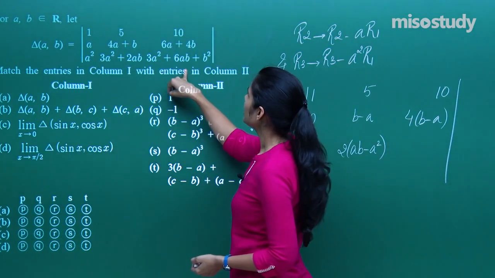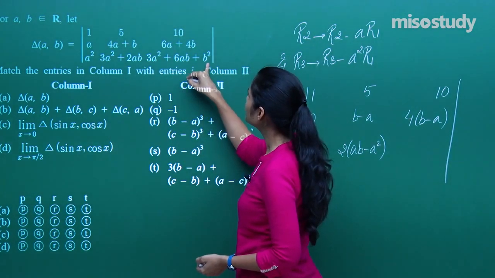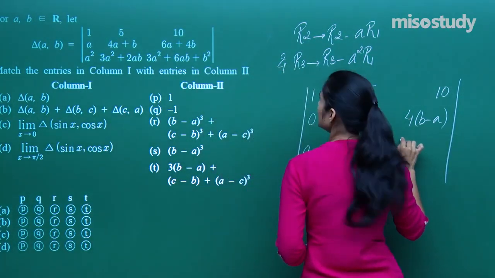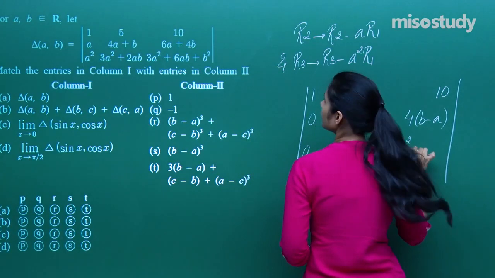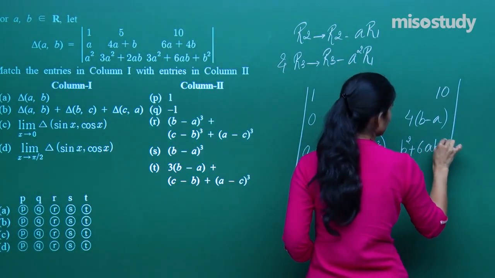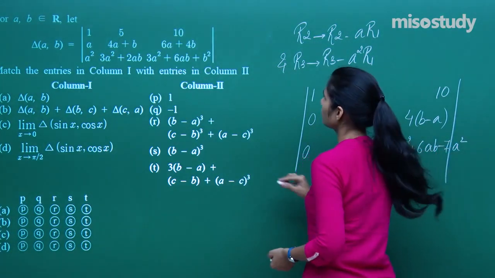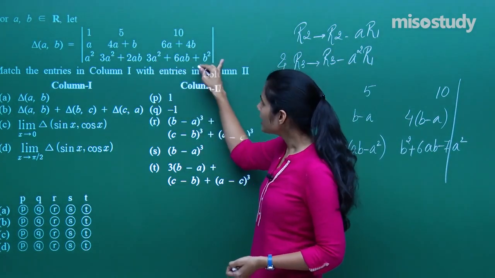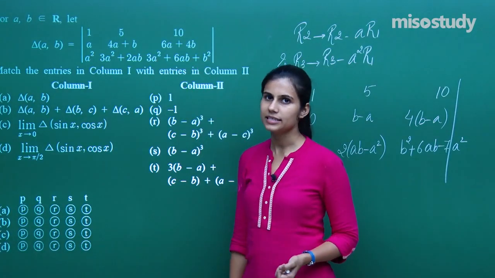Then here what is it that you have? You have 3A square plus 6AB plus B square minus 10A square. So this gives you B square plus 6AB minus 7A square. Why? This is 6AB plus B square plus 3A square minus 10A square, which is minus 7A square.